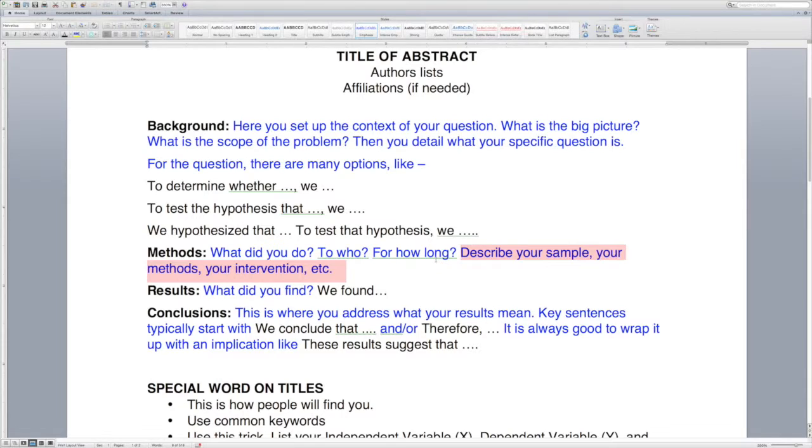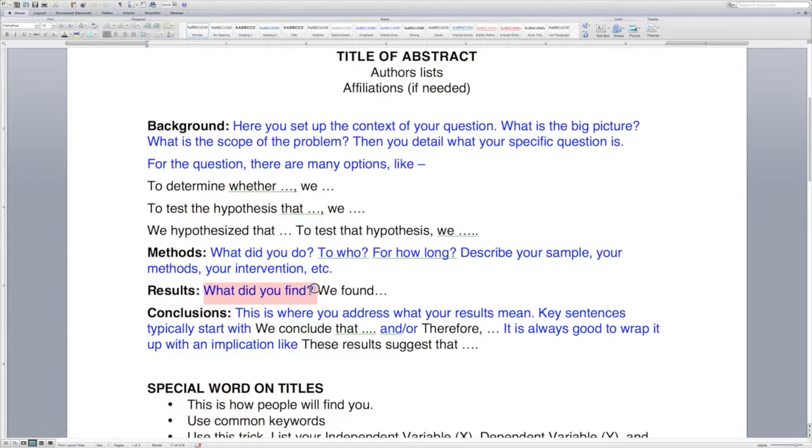Or we studied 40 youth with ADHD before and after treatment with compound X. And that kind of thing. You want to give enough information so people know, okay, this is the basic design of your study, who you looked at, and what your key outcomes are. This section, the method section, you can keep pretty tight. You want to be careful you don't have too much creep in there.